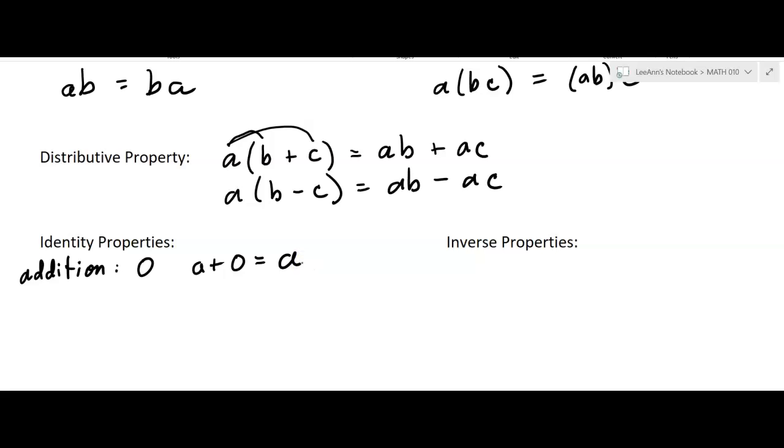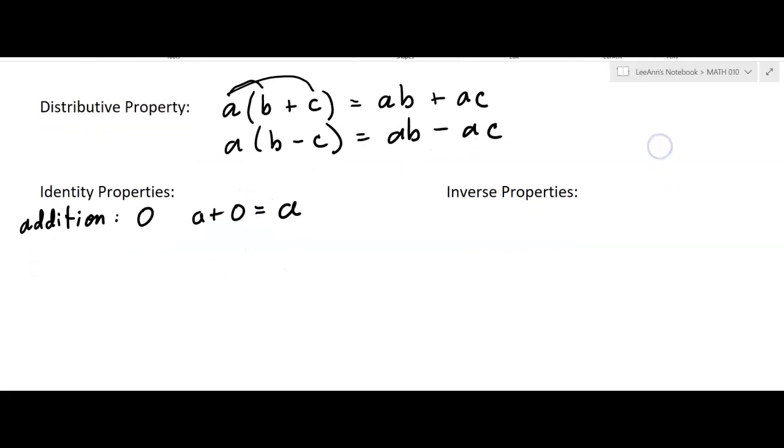You're not going to change anything by adding 0. Actually, you could have that for subtraction as well, a minus 0. Oh, I take it back. Forget what I said about subtraction. It has to work the other way, by that I mean with the commutative property. So 0 plus a is also equal to a. Okay, so that's the addition.